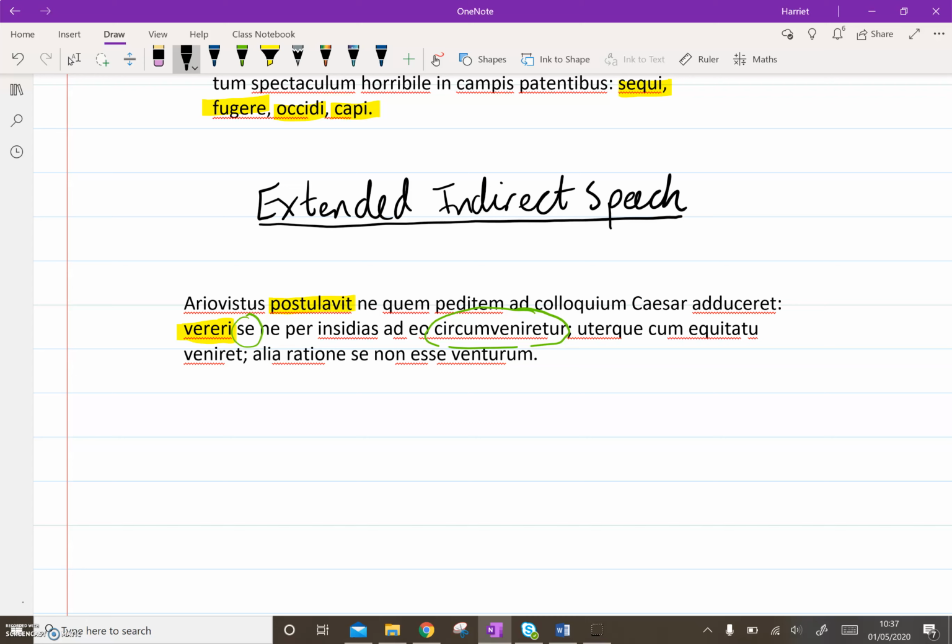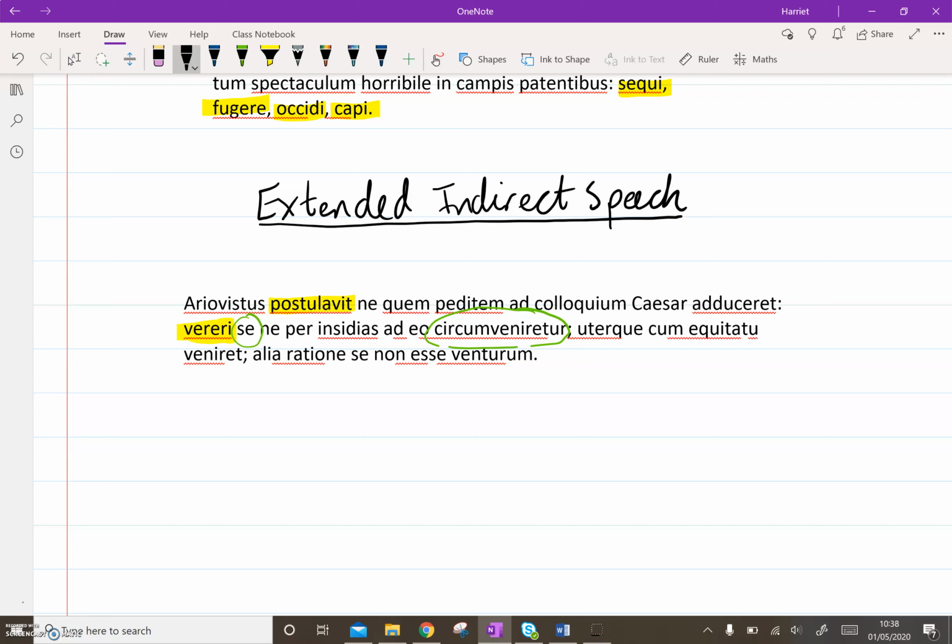Okay. So we've had an indirect command. We've then had an indirect statement, but that was followed by a fearing clause. And then, after the semicolon with uterque, okay, we have another clause. And this one is another indirect command. So we put in another and that, uterque, each, veneret, should come with their cavalry.